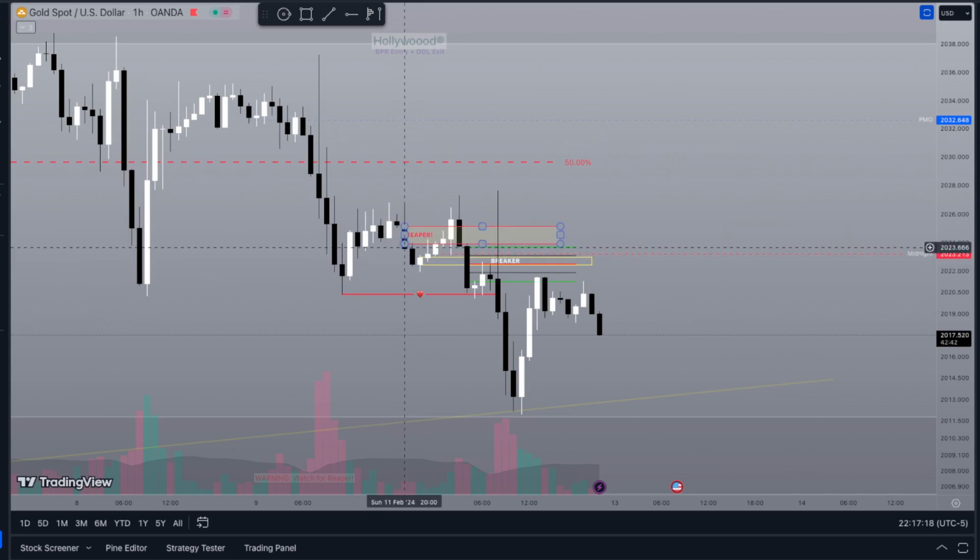So halfway between this and in the premium of this was an FVG that was traded through and then traded back through. This area is high liquidity here, just here, right?